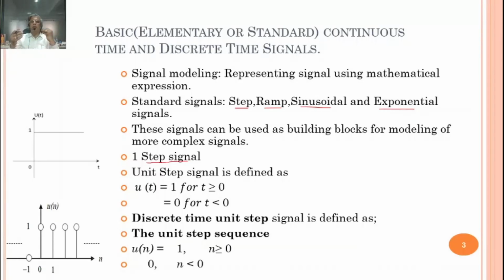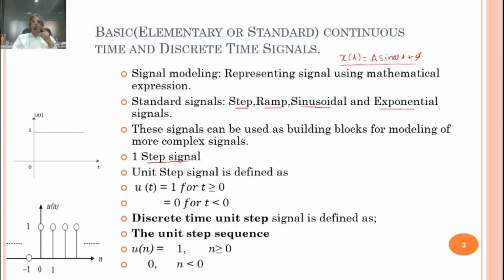If we take a sine wave, it is written as x(t) = A sin(omega t + phi). Here this expression is called signal modeling.